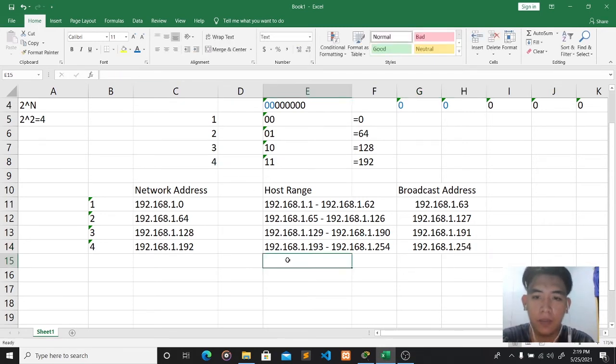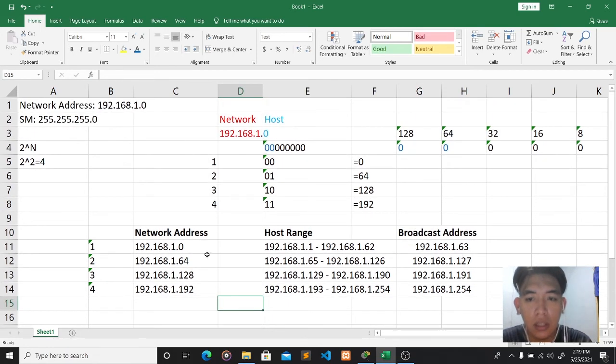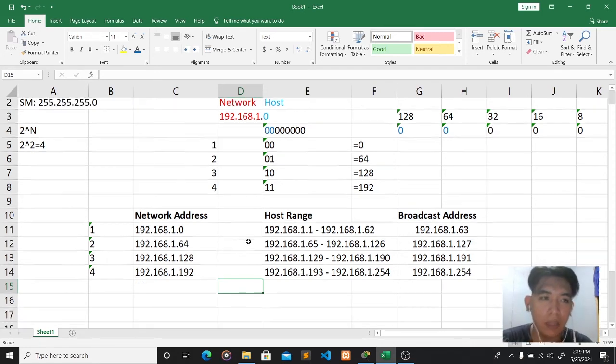So next, nakuha na natin yung network address, host range, at saka yung broadcast address. Next na natin i-determine is kunin yung bagong subnet mask.